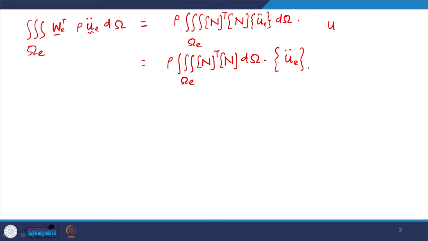So, u double dot e is equal to u 1 double dot, u 2 double dot, u n double dot, and then, so u 1, and then there will be v 1 double dot, w 1 double dot, and so on up to u n double dot, v n double dot, w n double dot.